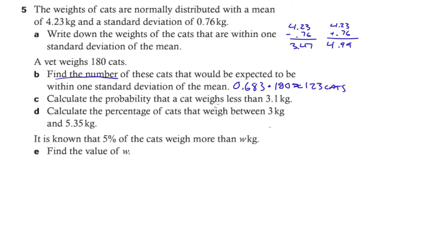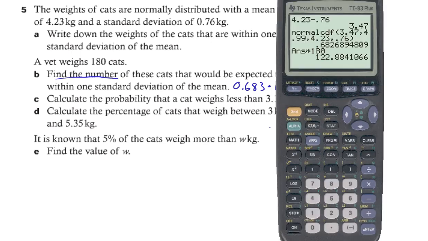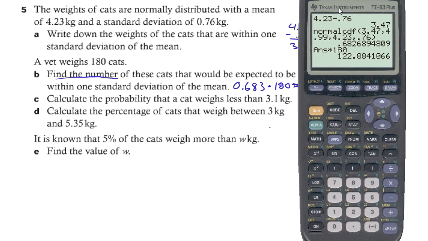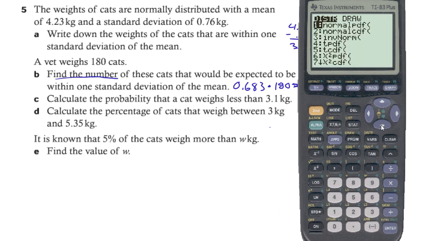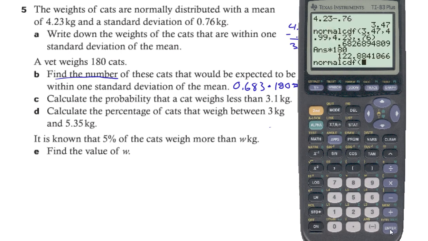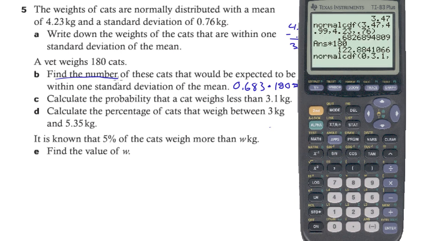Calculate the probability that a cat weighs less than 3.1 kilograms. So again, back on our graphing calculator, we're not looking at percents, so second distribution, we are going to do normal CDF. We want to be less than 3.1, so we go anywhere from 0 up to 3.1 with our mean of 4.23 and our standard deviation of 0.76.